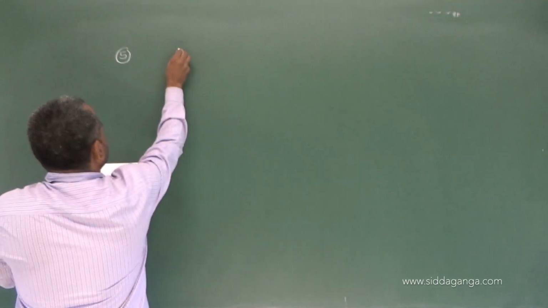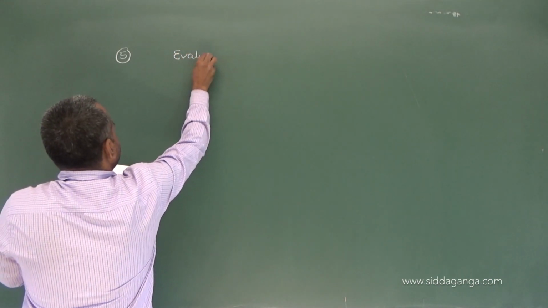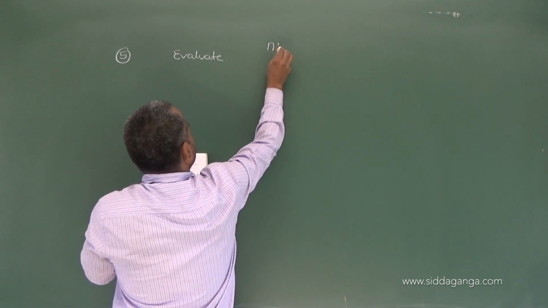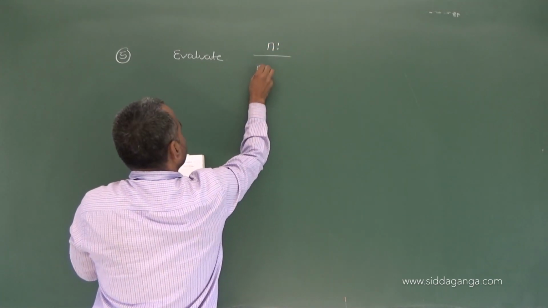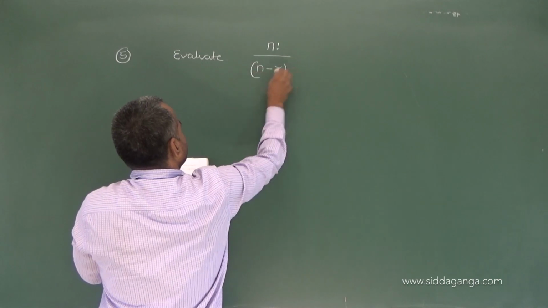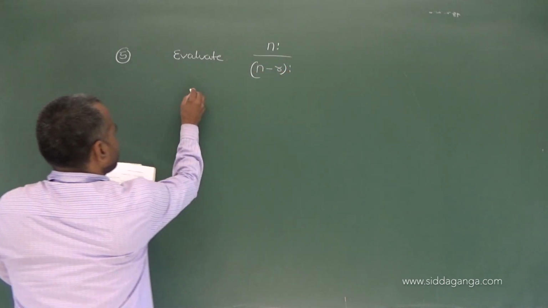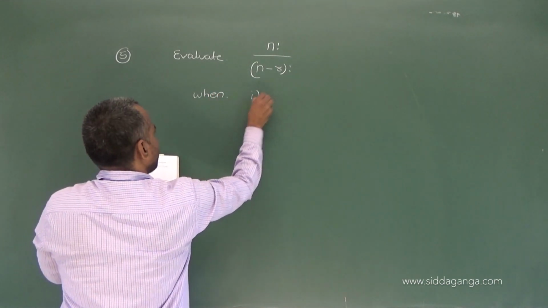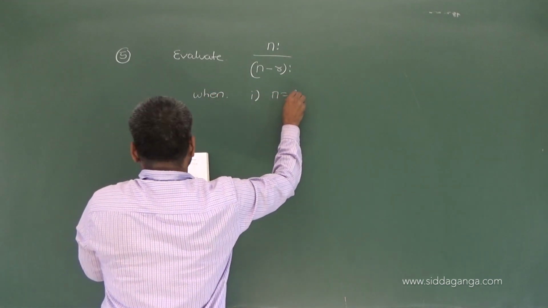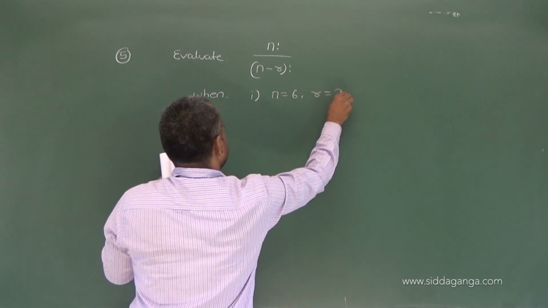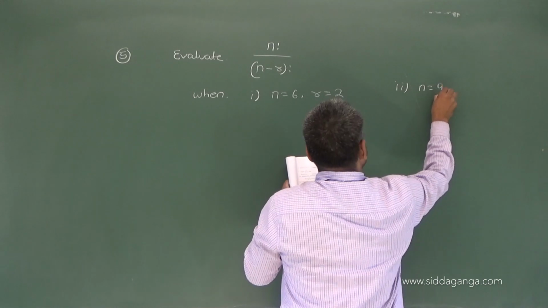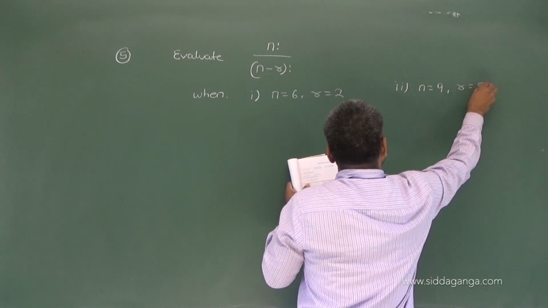Fifth one. Evaluate n factorial divided by (n minus r) factorial when, first one, n is equal to 6, r is equal to 2; second one, n is equal to 9, r is equal to 5.